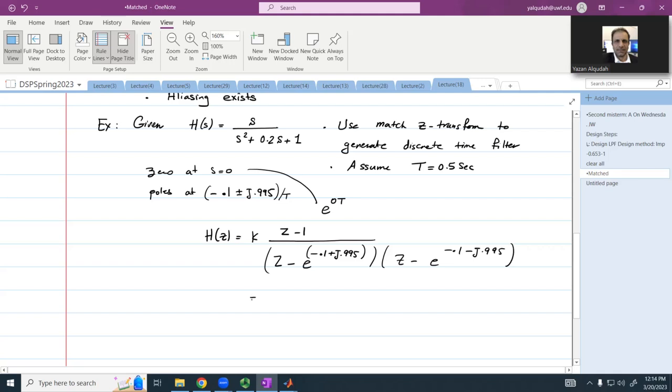And therefore, we can write this as K multiplied by z minus 1 divided by z squared minus 1.6718 z plus 0.9048.